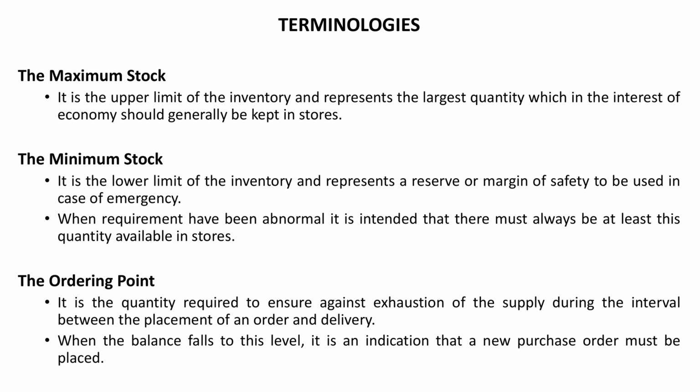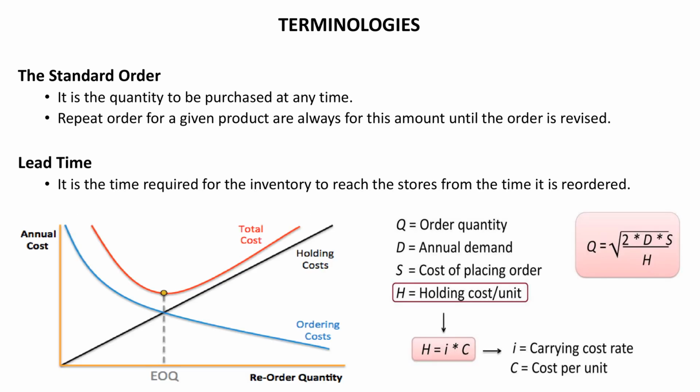Ordering point. It is the quantity required to ensure against exhaustion of the supply during the interval between the placement of an order and delivery. When the balance falls to this level, it is an indication that a new purchase order must be placed. The standard order.